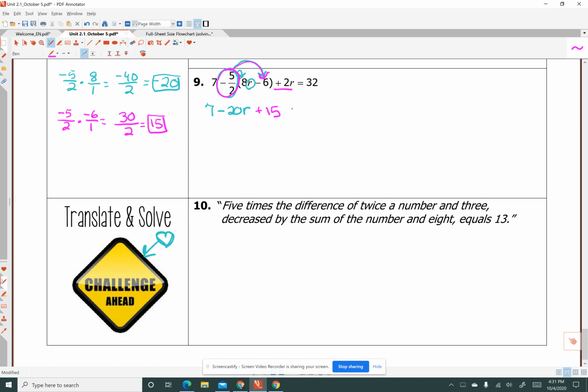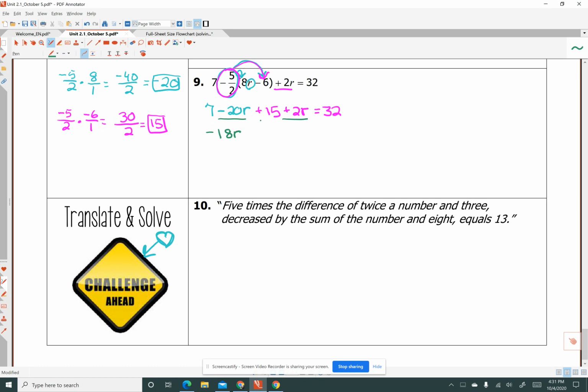And we still have our plus 2r equals 32. Okay, let's combine like terms. So let's see, we have -20r plus 2r, which is -18r.